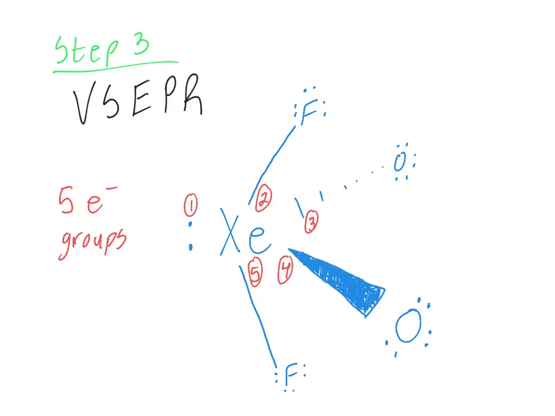Another thing you have to remember is the angles in this VSEPR model. For this angle, it's less than 180 degrees, and on this angle right here, it's less than 90, and then right here, it's less than 120.